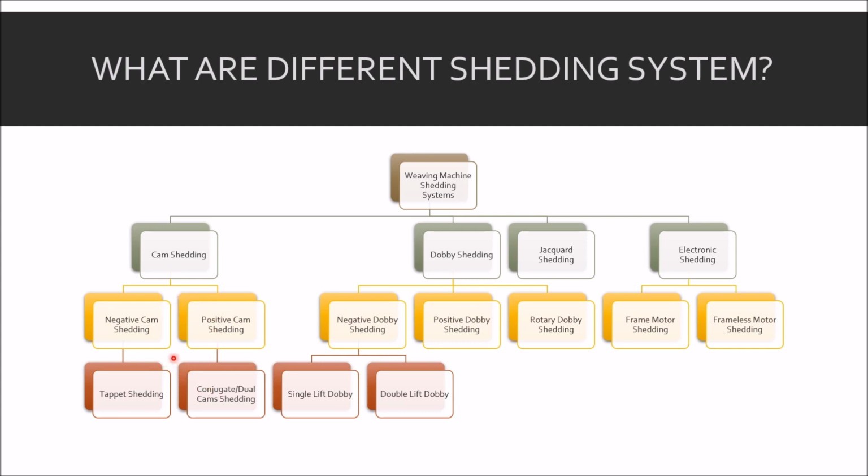Cams are a less sophisticated, simpler system, used for very basic weaves, where the maximum number of frames that are different from one another within a weave can be 8. If we require more frames, we can go for Dobby shading.